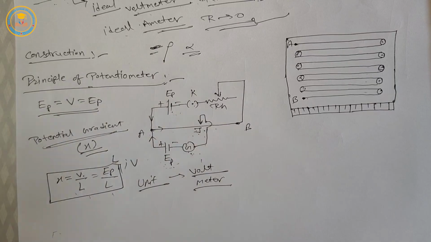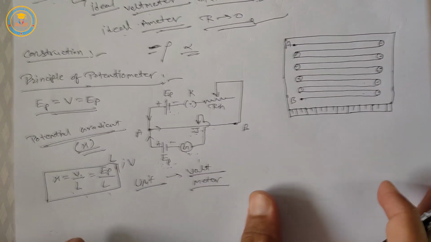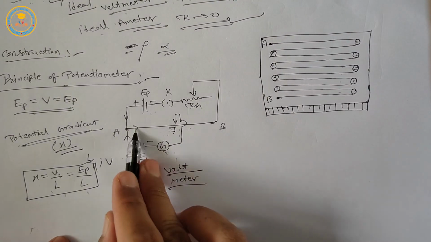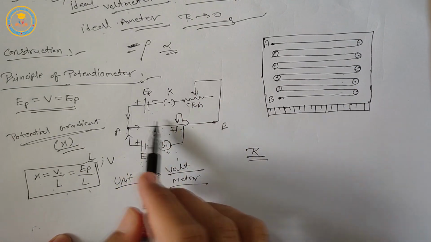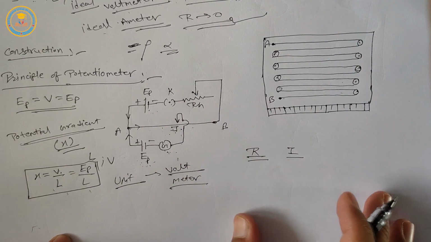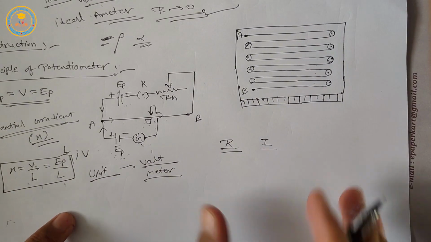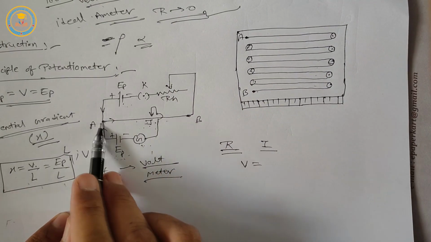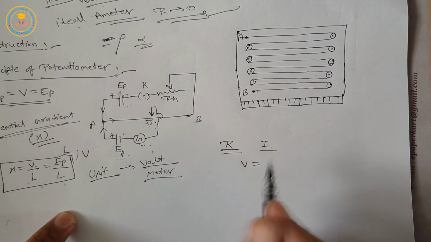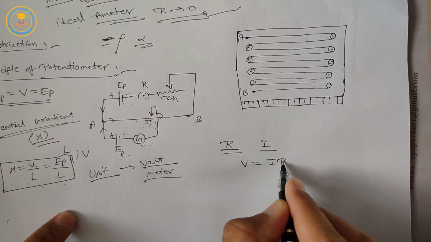Now we consider if the resistance of the wire is capital R and the current flowing through the primary circuit is capital I, then according to Ohm's law, the potential difference across the wire V is equal to IR.